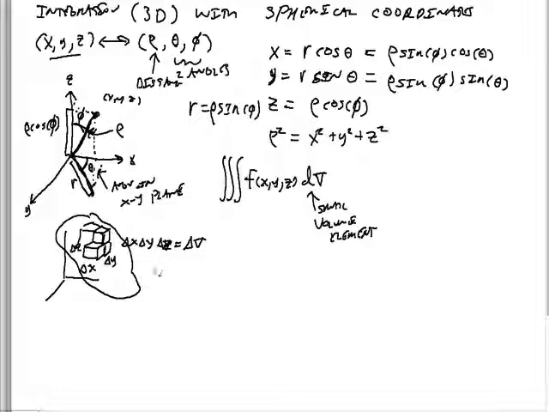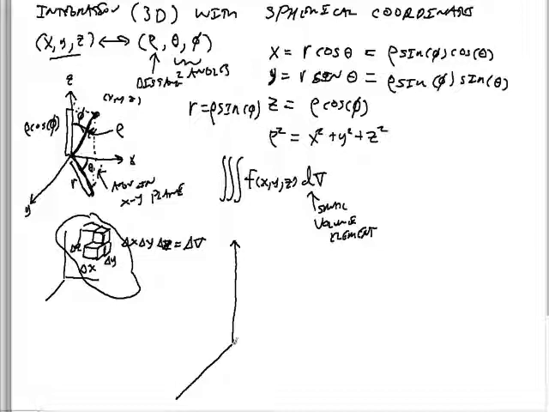But now we're no longer creating little bricks, little square boxes, little cubes. What we're going to be doing is actually taking little elements that are in terms of phi, theta, and rho. So how do we do that? So let's draw another picture here, another Cartesian. Right?